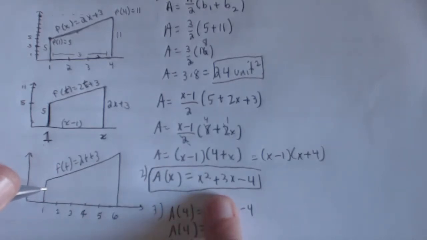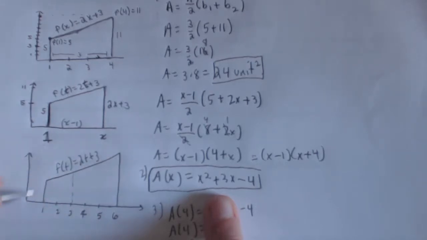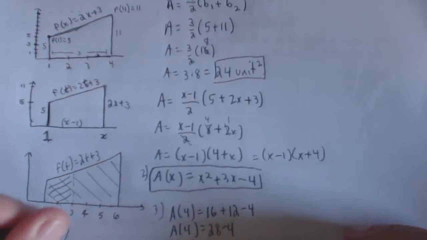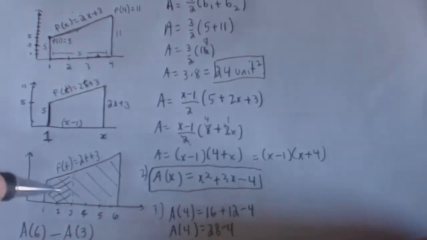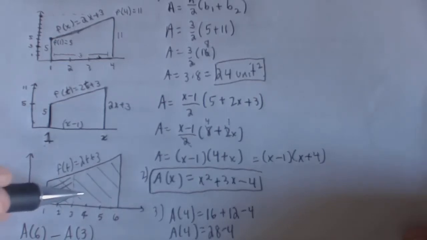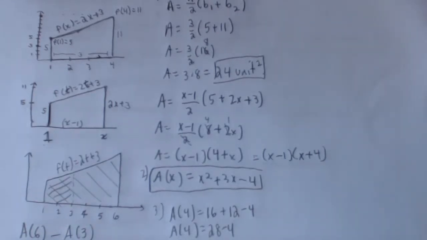If we want to find the area from 3 to 6, what we can do is find the area from 1 to 6 using this function. So find A of 6, and then find the area from 1 to 3. And then if we subtract the 1 to 6 area minus the 1 to 3 area, we'll get the area from 3 to 6. So let's do that. I want you to be able to see.